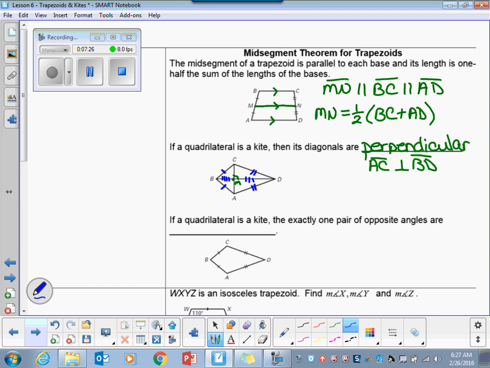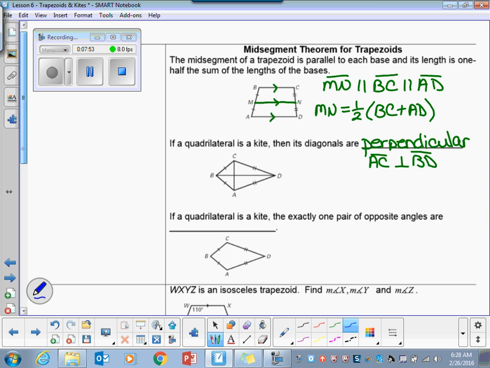Watch out for that, because you know we like to integrate stuff from previous units. In addition, the diagonal that connects the non-congruent angles, because of those congruent triangles, these end up being congruent to each other. So, there's a lot we can do with kites, pulling in congruent triangles.